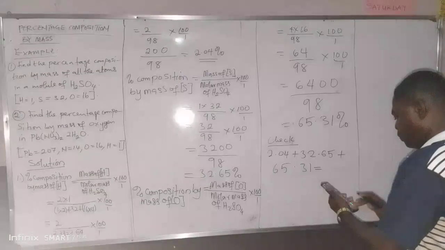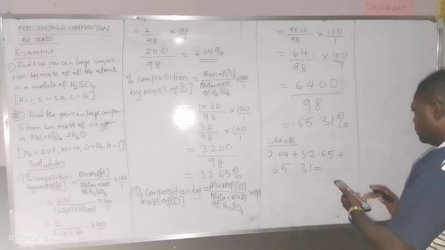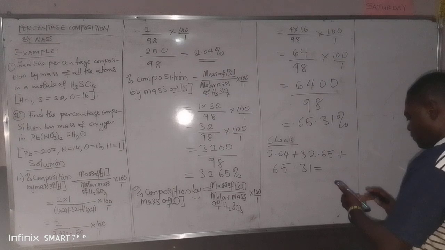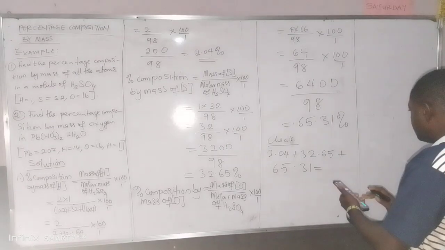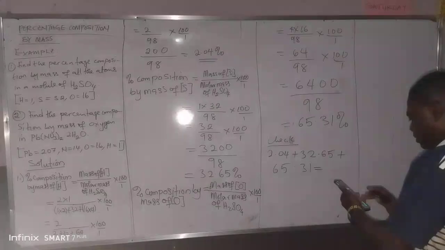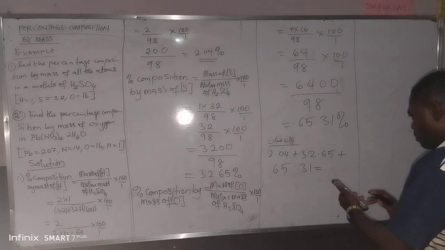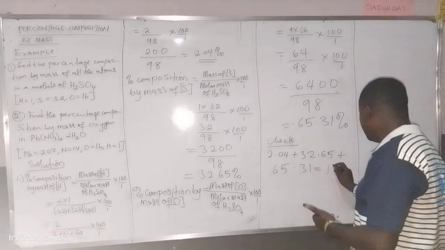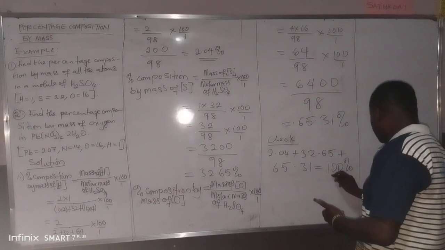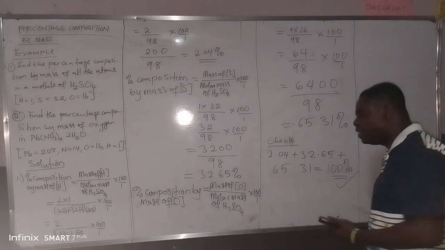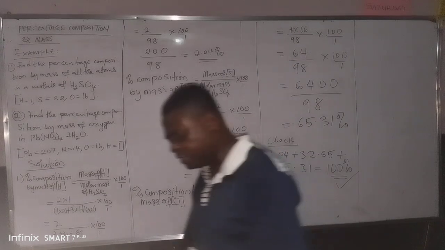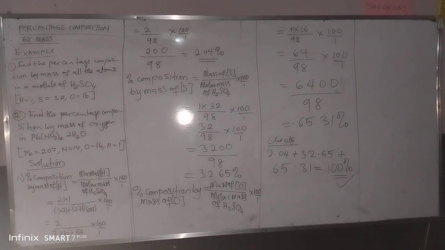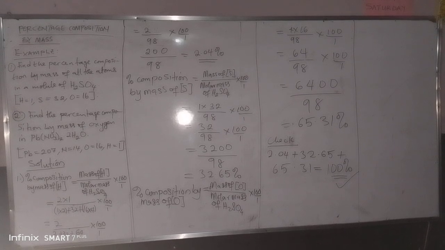We have 2.04 plus 32.65 plus 65.31. The answer is exactly 100%. So that means we are very correct. So that is it. Then let's move on to the next one.